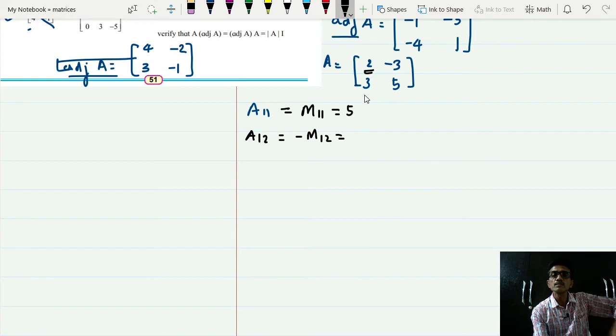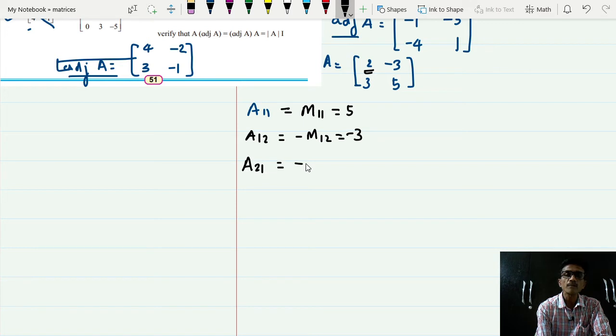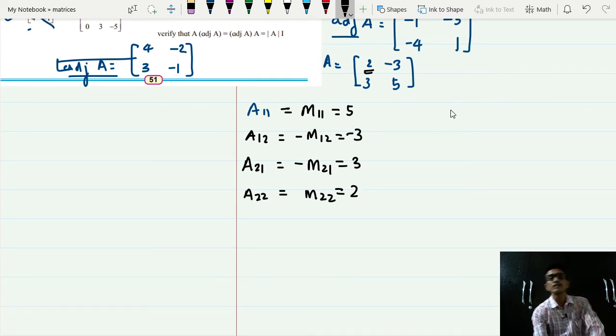Minor of this element is 3 and negative of that will be minus 3. A21 is minus of M21, which is minor of this element is minus 3 and minus of it will be plus 3. A22 is equal to M22, which is minor of this element, this 2. So we got all cofactors.